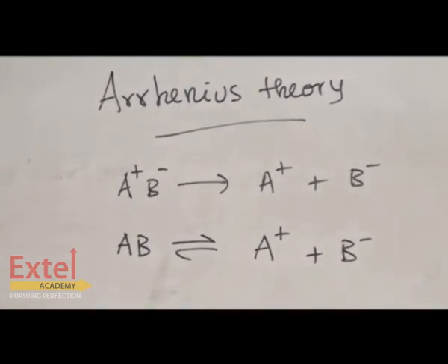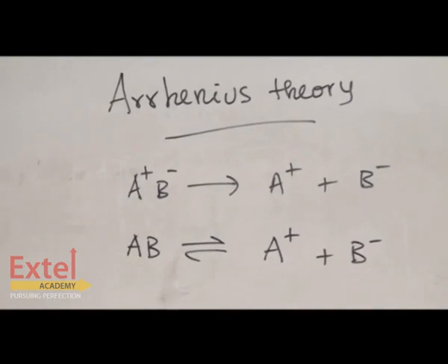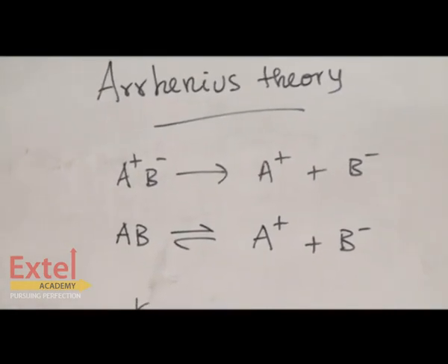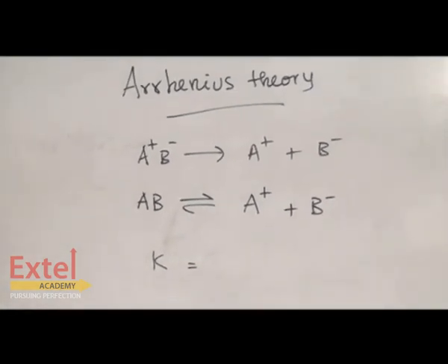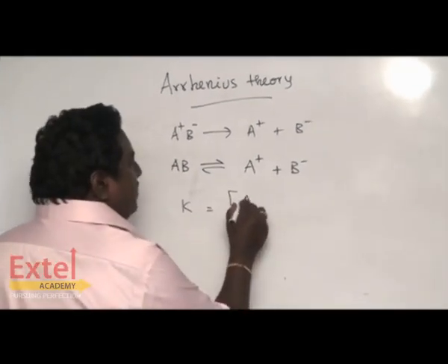Whenever there is an equilibrium, you know very well that the equilibrium constant can be written. It is also called the dissociation constant. The K is called the dissociation constant. How will you write the dissociation constant?